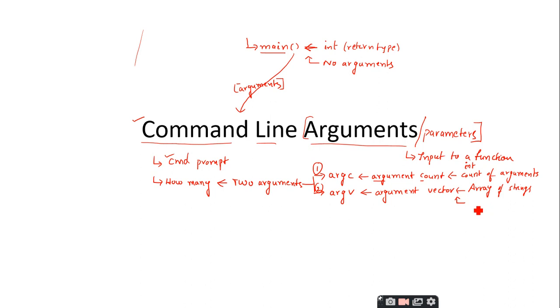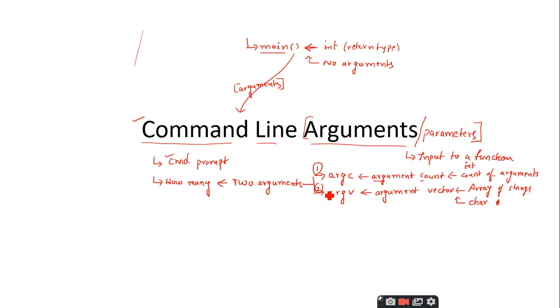Therefore, the data type of this argument vector will be char star, that is, pointer to character. A pointer to character is nothing but a string, but we are not going to store a single string in this argument vector. We have more number of strings. So, in order to store those strings, we will declare this argument vector as an array.